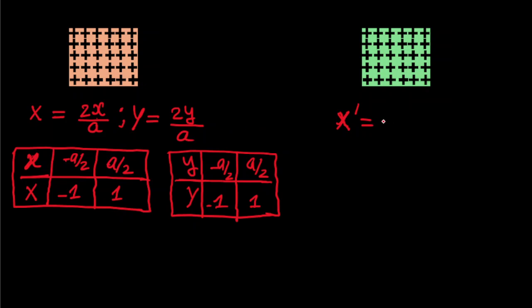So for that we can consider capital X prime is equal to small x prime divided by a, and capital Y prime is equal to small y prime divided by a. So again you make a table for capital X prime and y prime.